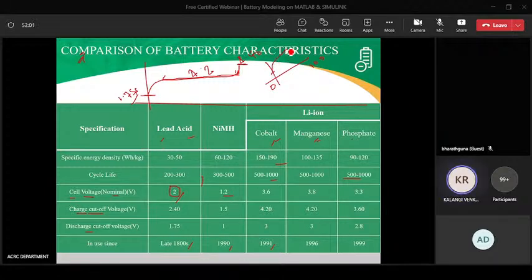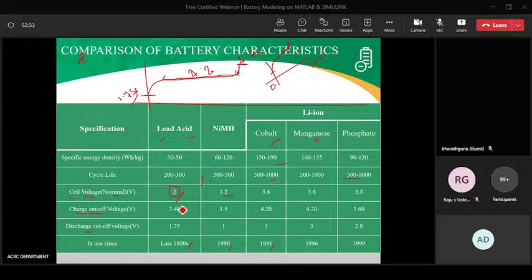After 2.4, the temperature increases and the battery may burst or burn, so we have to maintain it up to 2.4 volt.